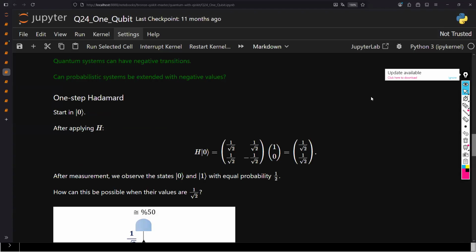I have no idea how gates are represented in a physical quantum computer. I really do not know, because there are so many different vendors of quantum computing hardware. Like you have IBM, you have D-Wave, you have Quantinuum.